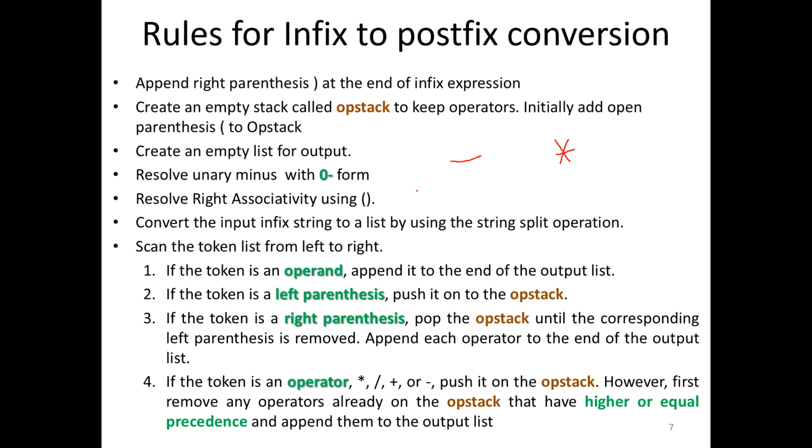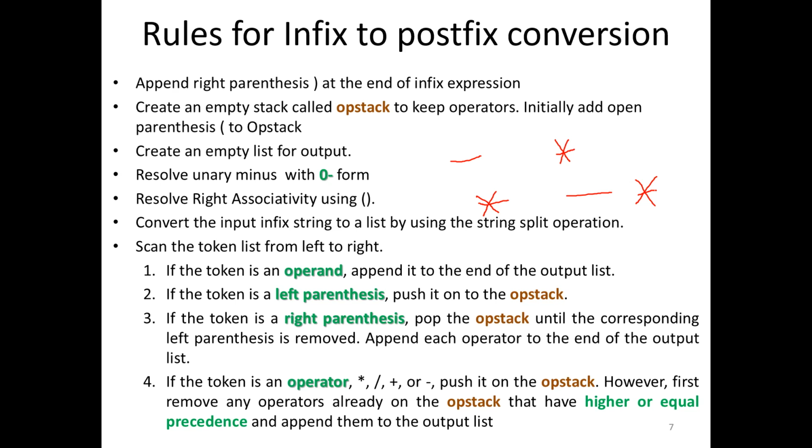In the same way, if the incoming symbol is star and the stack symbol is minus, the minus is lower precedence than star. So you need not remove this minus because it is lower priority. So the incoming symbol is added to the stack. When an equal precedence symbol appears, you have to remove the existing equal precedence symbol and add that to the OP list.